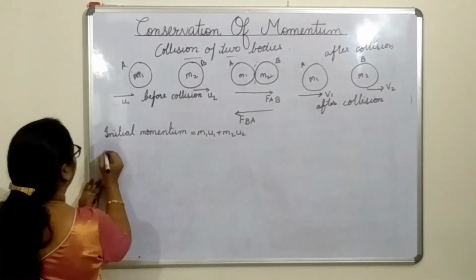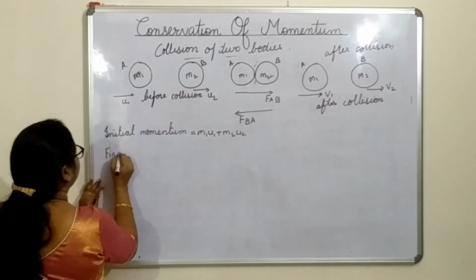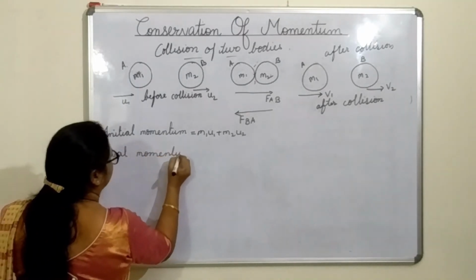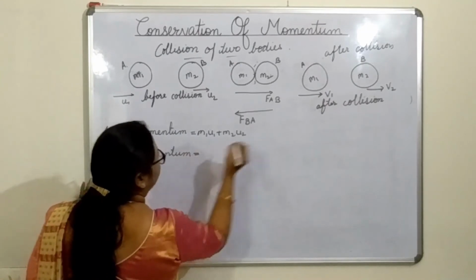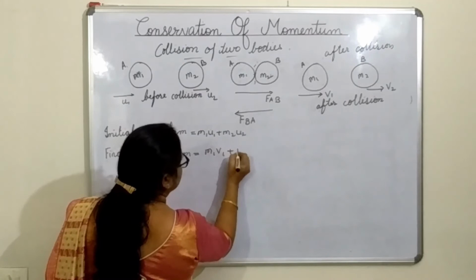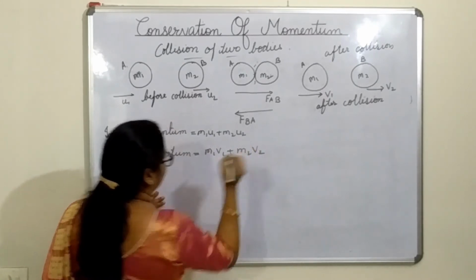Now, similarly, final momentum of ball A and B will be equal to m1 v1 plus m2 v2.